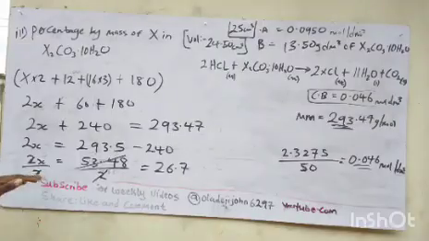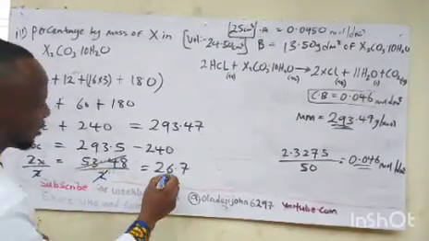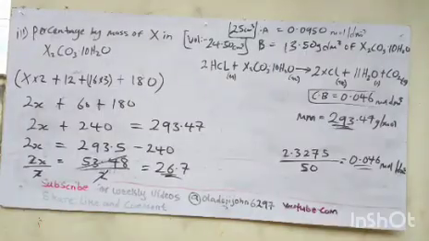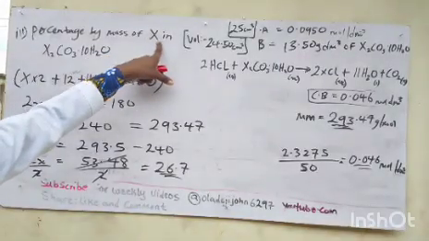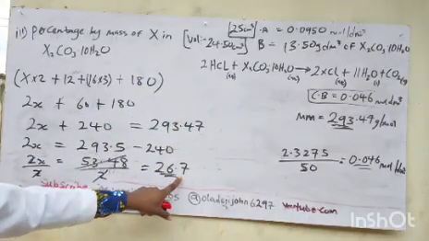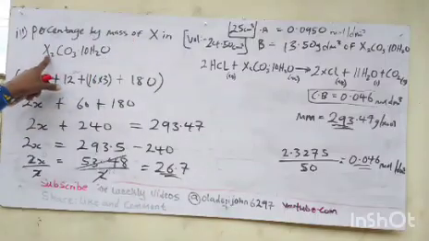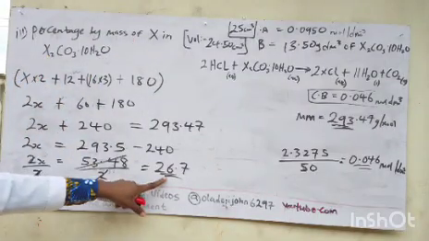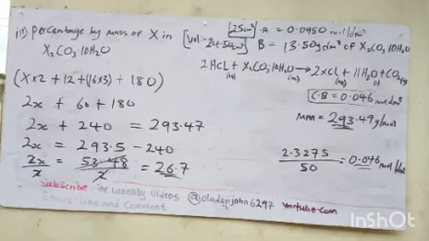So having this as the value of X, mind you, we are looking for the percentage by mass of X. If X is 26.7, then we are having X2. That means this multiplied by 2, which will still give us what we had here, 2X.